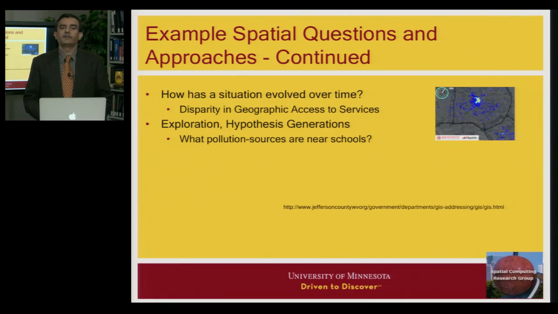People often generate hypotheses, and we will talk about a very interesting hypothesis that was generated out of maps related to the spread of cholera. Back in the 1800s, people thought cholera was spread through air.